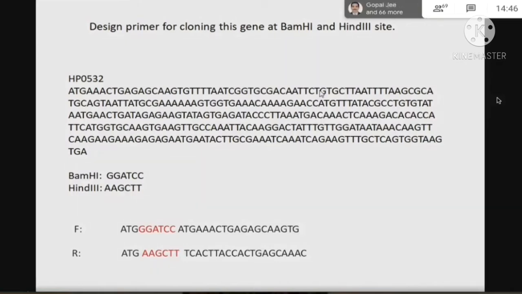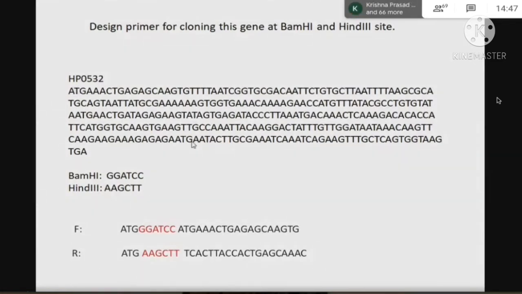If your purpose is only to see the presence of the gene, sometimes we use PCR to check whether that pathogen, that bacteria, virus is present or not. So to check the presence of that virus or that gene, we can design the primer from anywhere. But here the purpose is to produce a protein. Then we cannot avoid any sequence.